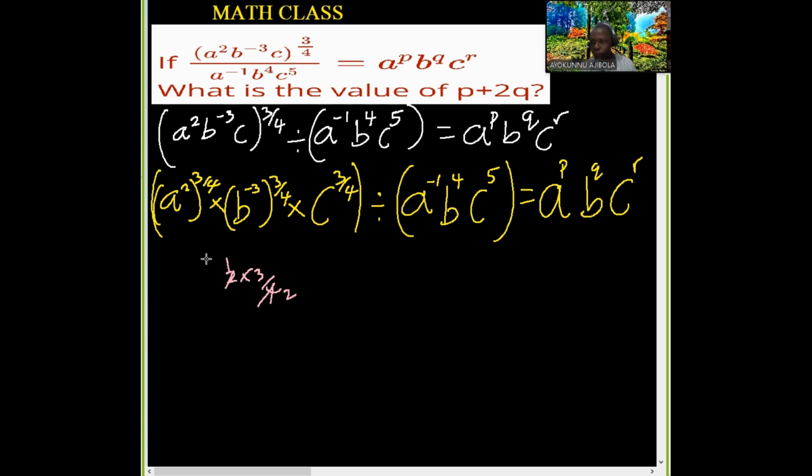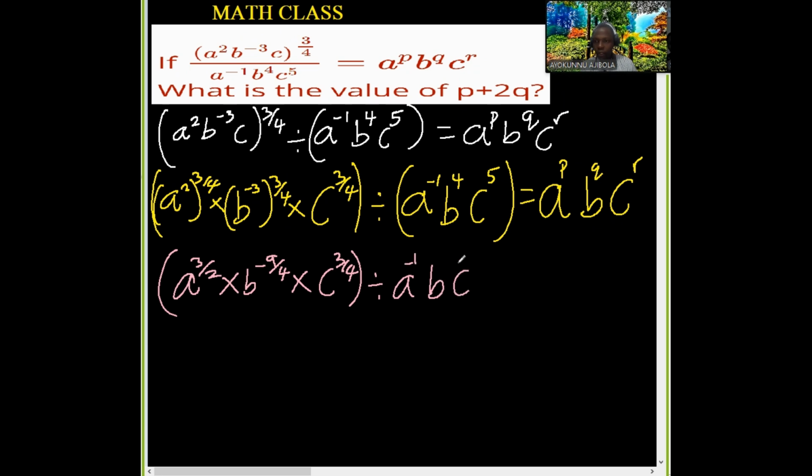Exactly. So now a is going to be a raised to power 3 over 2, then b raised to power minus 9 over 4, then c is still 3 over 4 since it was having only 1 power before. So now divided by what we have at the right again, which is a, b, c, minus 1, 4, and 5. Then still equal to our a, b, c, p, q, r.